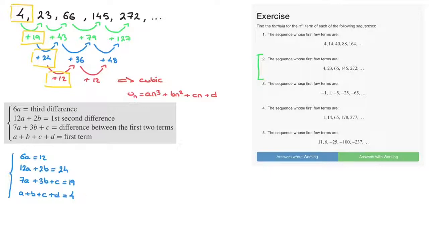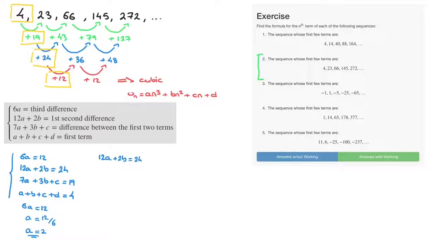So let's go ahead. The first equation, 6a equals 12. Dividing both sides by 6 leads to a equals 12 over 6, which leads to a equals 2. Now that we know what a is, we move on to the second equation, 12a plus 2b equals 24.